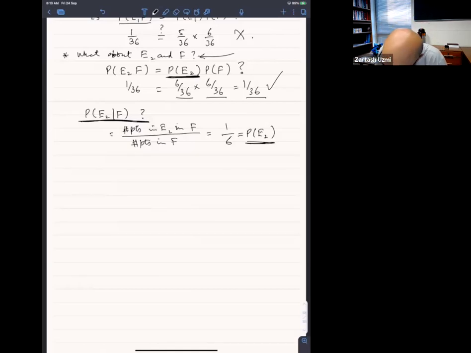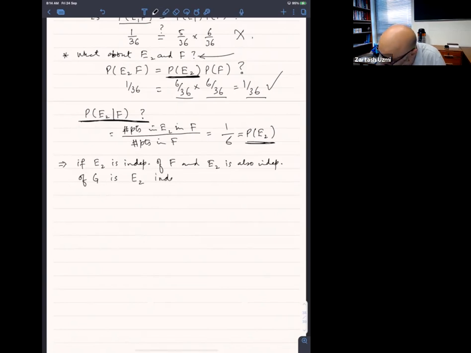Now I'm going to state something. If E2 is independent of F, which is the case here, and E2 is also independent of G, is E2 independent of F and G together, the intersection of F and G?